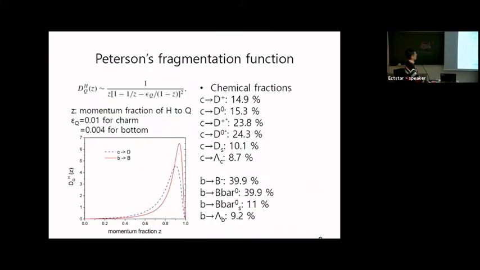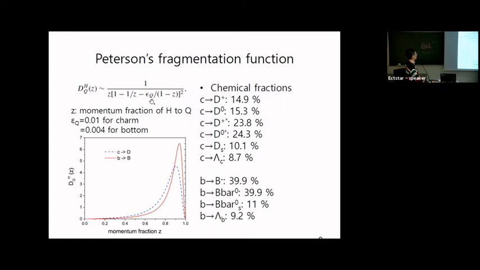And this heavy quark hadronizes through emitting soft gluons. This is called fragmentation. We use Peterson's fragmentation function, and z is the momentum fraction of the heavy hadron to the heavy quark.